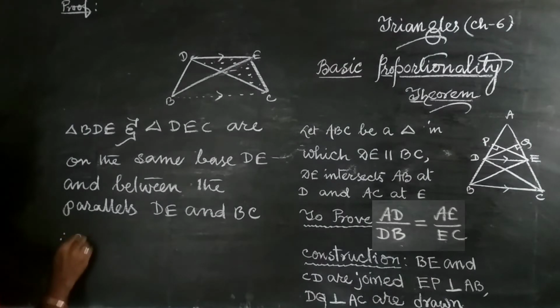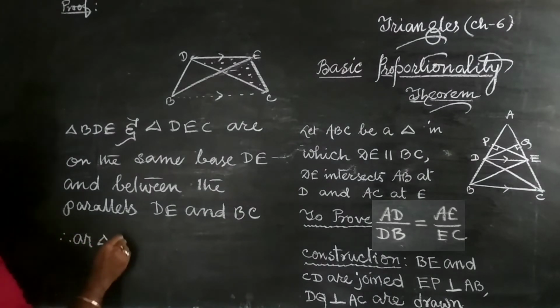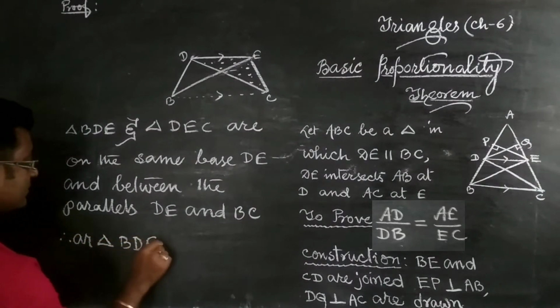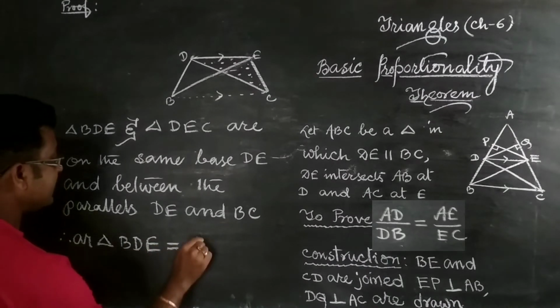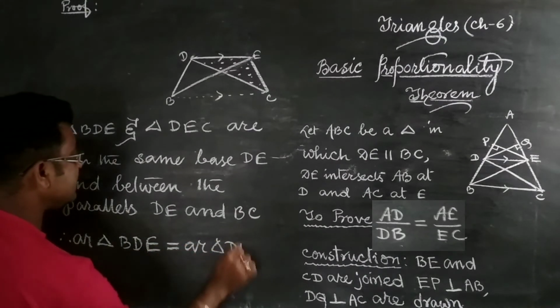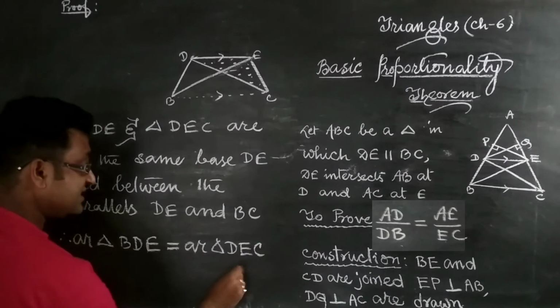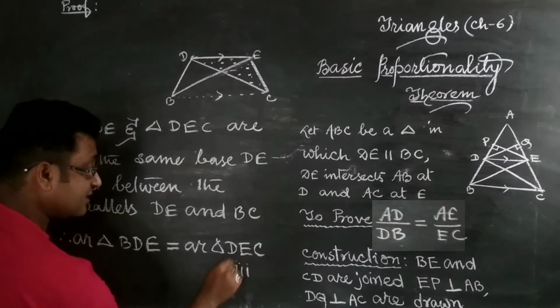Therefore, area of triangle BDE will be equal to area of triangle DEC. This is our equation number 3.